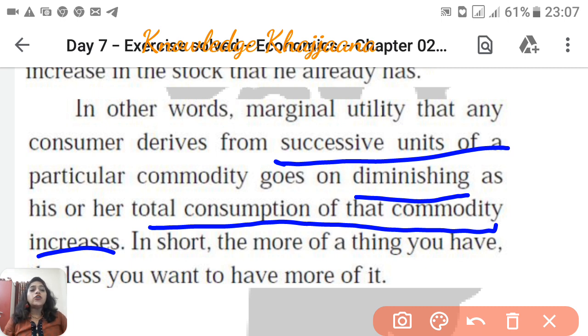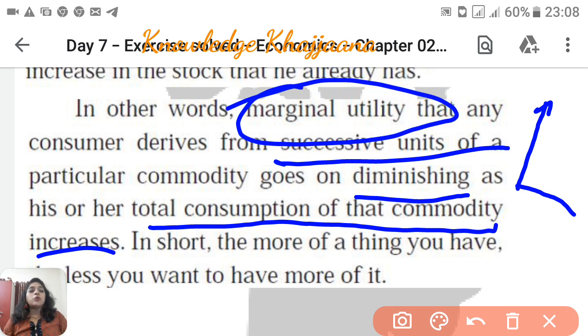As we have seen in the graph, with the successive units of consumption of a particular commodity, the marginal utility of that specific commodity goes on diminishing.